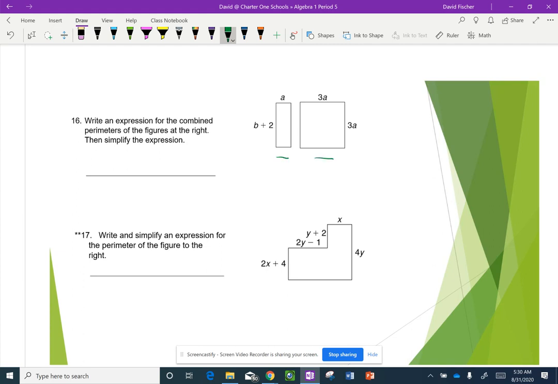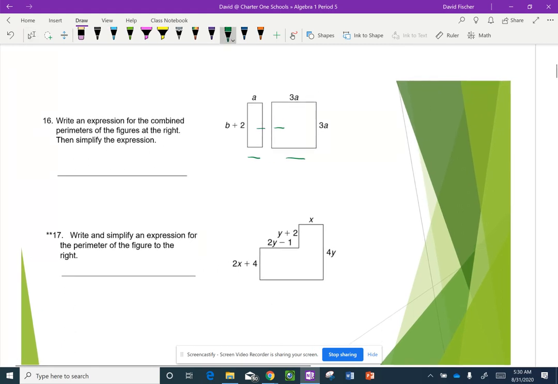We're missing this side. We're missing this side. And we're also missing this one. So how are we going to find those? In previous years of your math experience, you should say, well, we just look to the opposite side. If that's 3A, well then this one has to be 3A. Over this way, I see 3A from here to here, so in this shape, this side is a 3A.